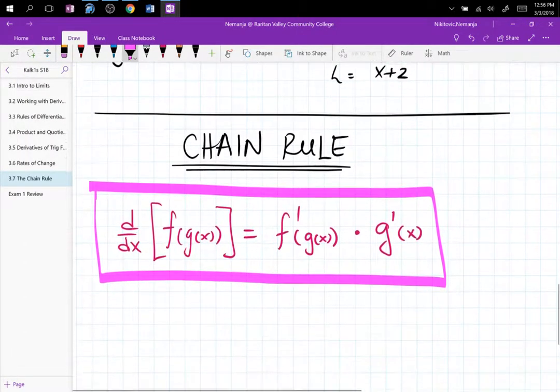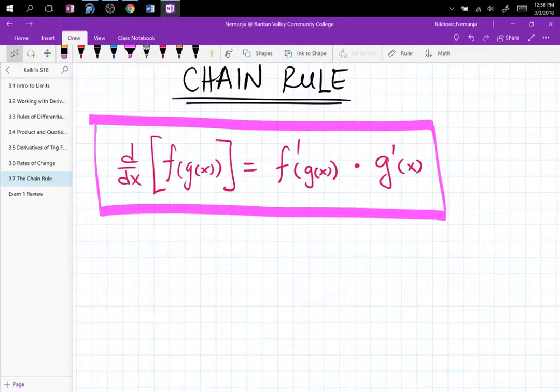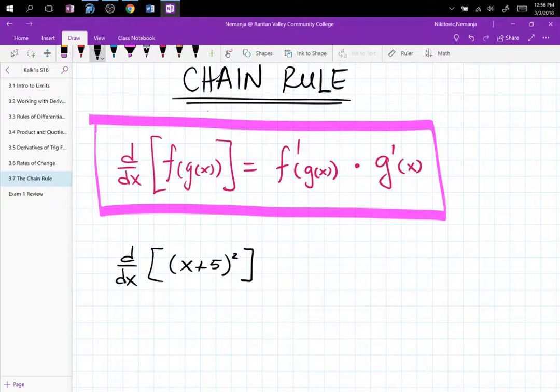So what are we talking about? Chain rule helps us deal with the problems where we can't simplify the problem using algebra or we are lazy to do so. For instance, if I'm supposed to take the derivative of x plus 5 squared, definitely I can just expand and I don't have to worry about anything. x squared plus 10x plus 25.